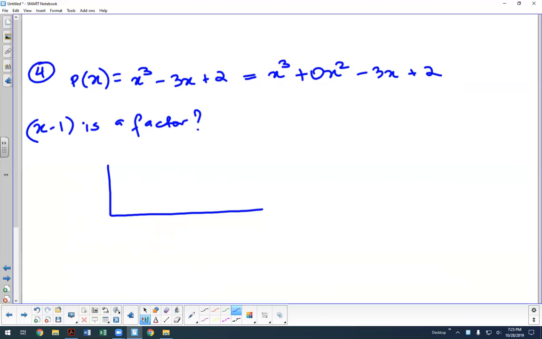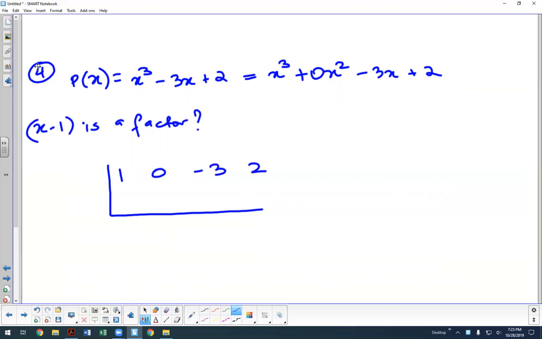What will my coefficients be inside for my polynomial for the synthetic division? What coefficients do I put on the inside for my polynomial? 1, 0, and then minus 3, plus 2.